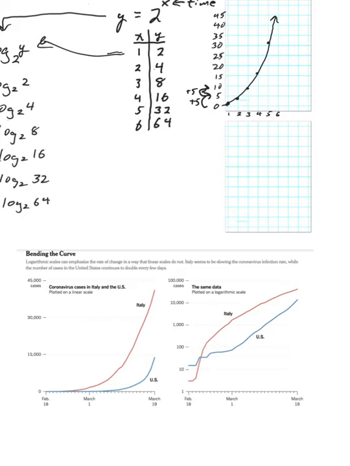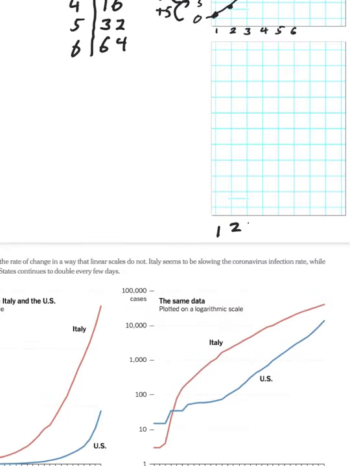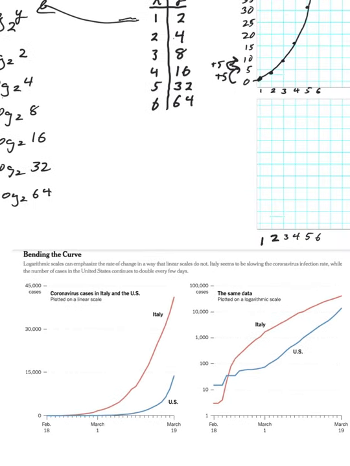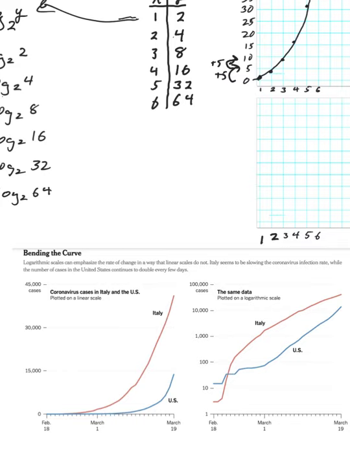First of all, the x-axis doesn't change. I'm still going to have 1, 2, 3, 4, 5, and 6. But my y-axis is going to be different. What I'm going to do is use the values that I got from the logarithm to represent each unit.